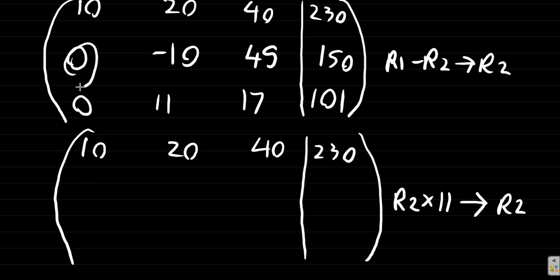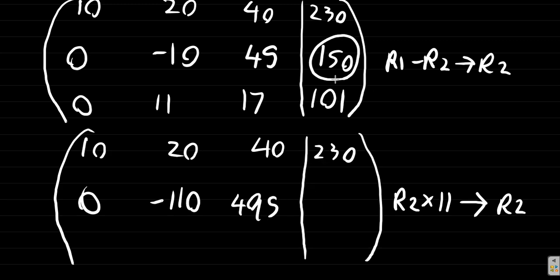So 11 0 is 0. 11 times negative 10 is negative 110. 11 times 45 will be 495. And 11 times 150 will be 1650. Okay?